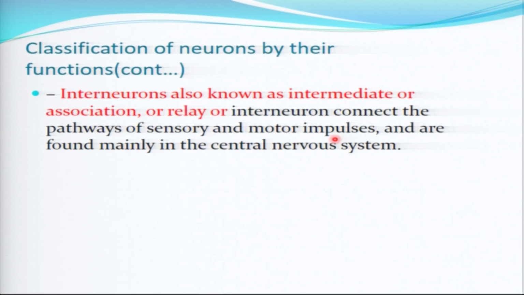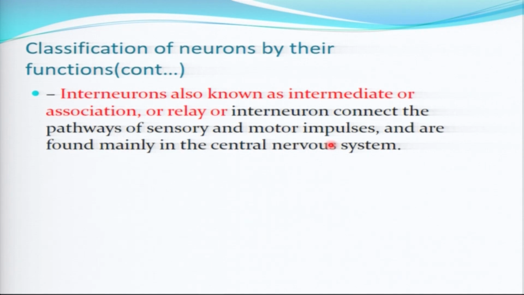So it is a connection between the sensory and the motor neurons. They are found mainly in the central nervous system. They are there just to connect the impulse that comes from the sensory receptor and the impulse that will come from the central nervous system.